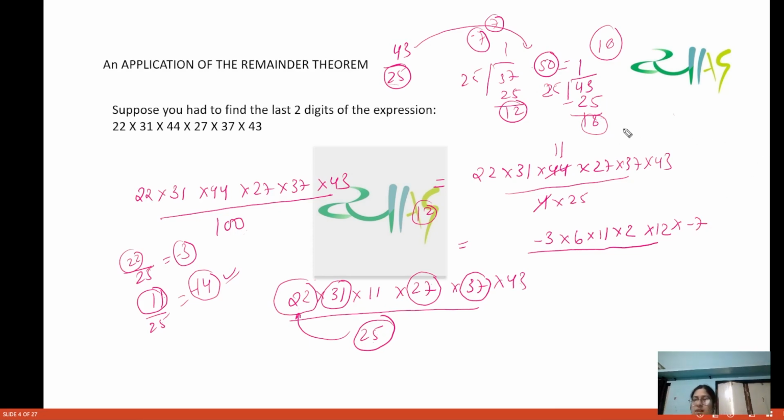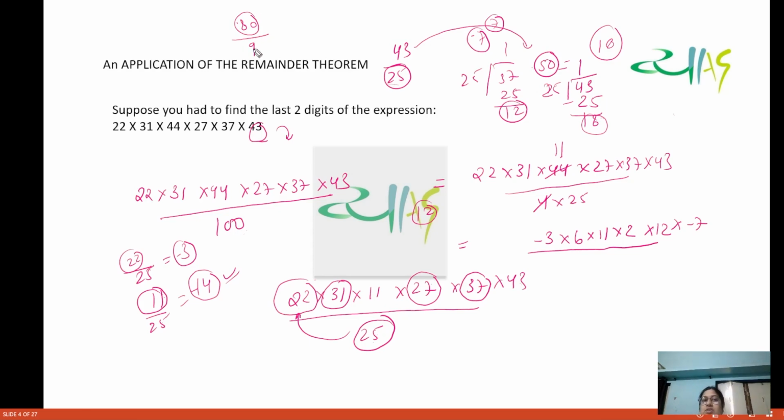See, basically, what I do and what has always worked for me when I'm taking remainders: whenever I see that any number is close to a multiple, I will take negative remainders. For example, let's say I have 80.